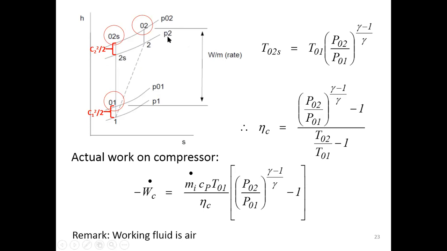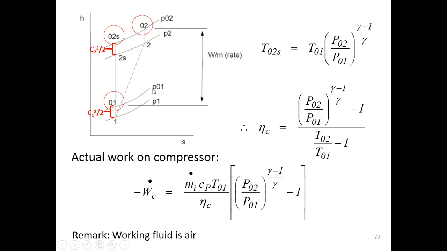And if we include the effect of the velocity of the working fluid when it is being pressed by our device that uses the rotating element, then the outlet pressure, which also considers the kinetic energy, will be the stagnation pressure at the outlet, P02.